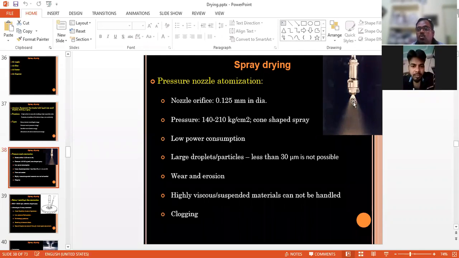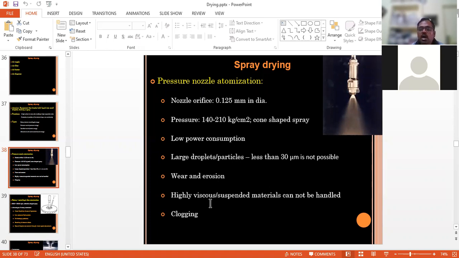You can observe here cone shaped spray, low power. This is the beauty of the pressure nozzle, that low power consumption is required when we use a pressure nozzle. Large droplets; particles having less than 30 micron are not possible, है ना.